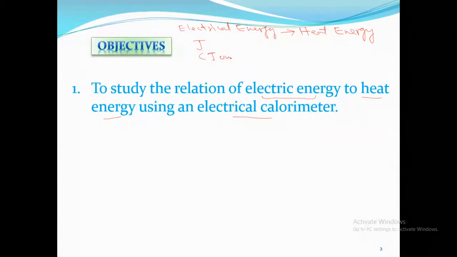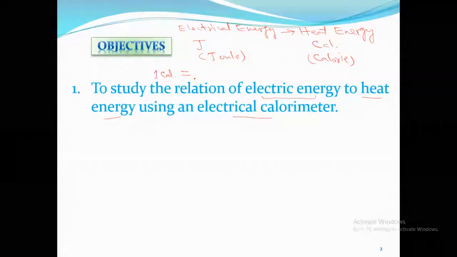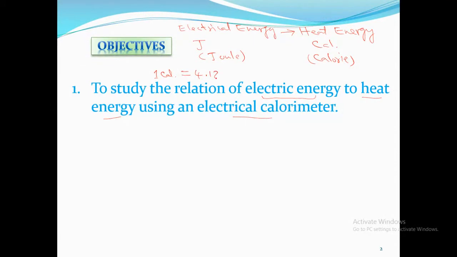And the unit for the heat energy is calorie. And there is a relationship between these two units, and we have 1 calorie is equal to 4.184 joule.